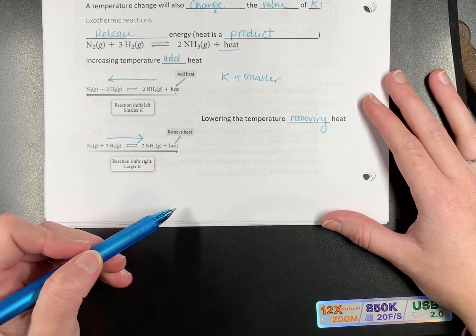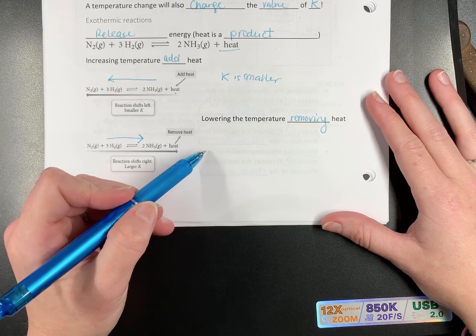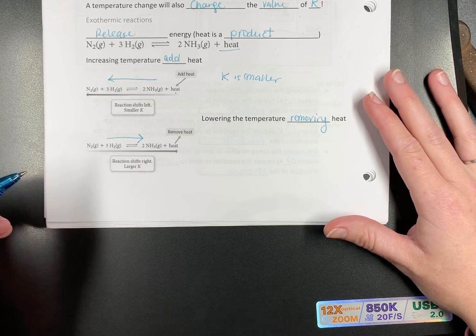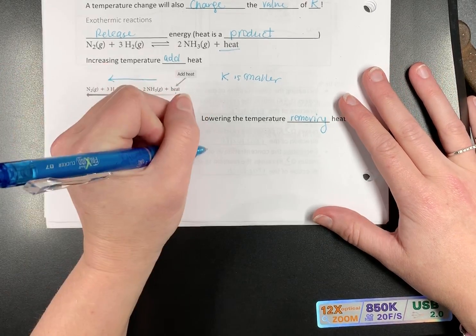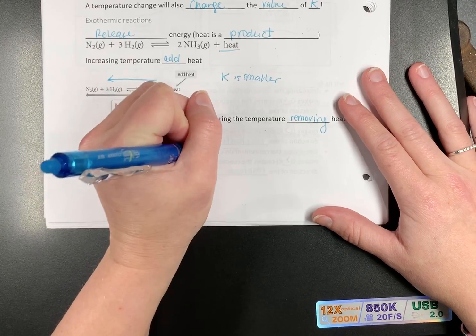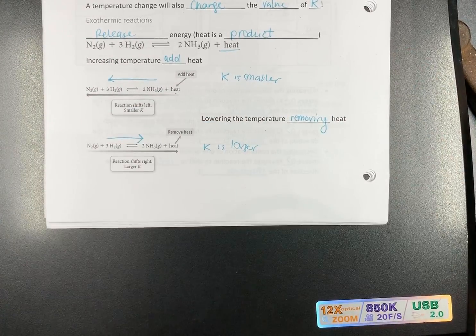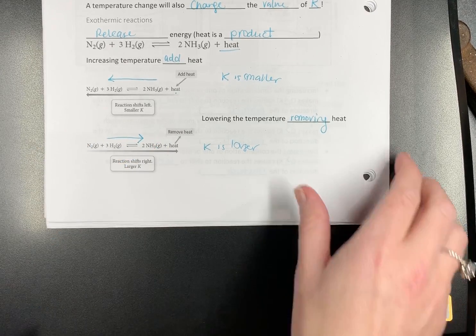When heat is a product, you're going to have less products, more reactants. You're going to get K is larger because it really wants to form more products. It wants more products. K is bigger.